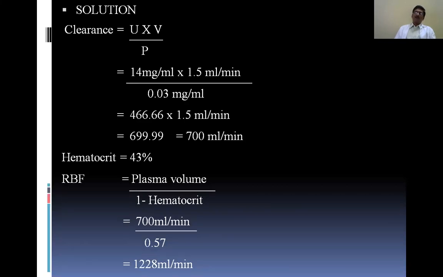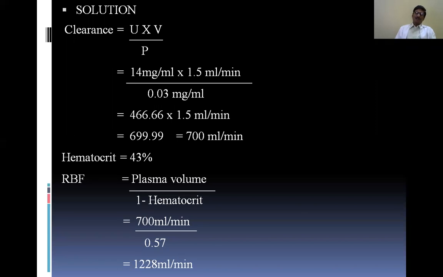Now, hematocrit is about 43%, that means the blood is 100%, of which the volume of packed cells constitutes about 43%, meaning 57% is plasma. If 57% is about 700 ml, how much will be the total blood volume? That's what we calculate as renal blood flow, the blood volume that will flow per minute.